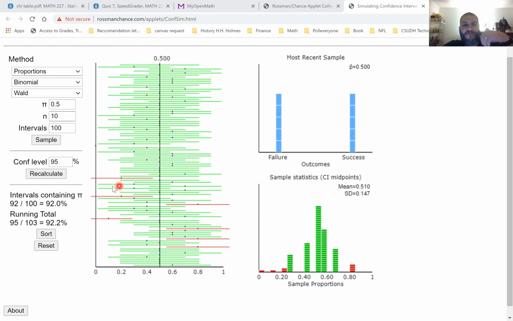But just remember, it's not exactly that. That's why for this one we got 93 green and 7 red, because the 95% is not always going to be exactly 95%, but it should be close to 95%.